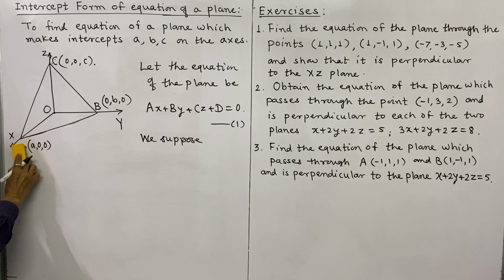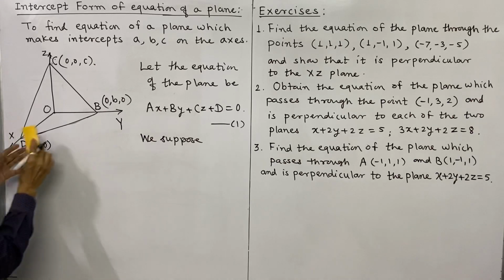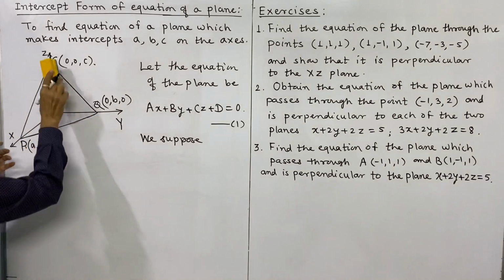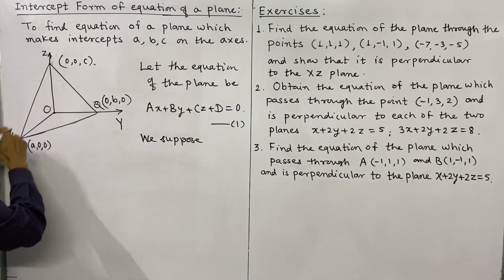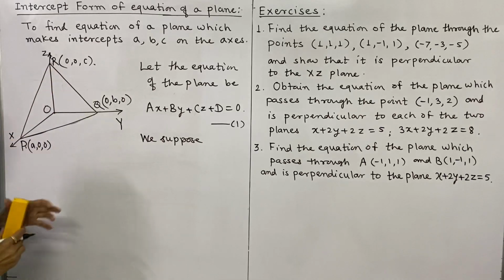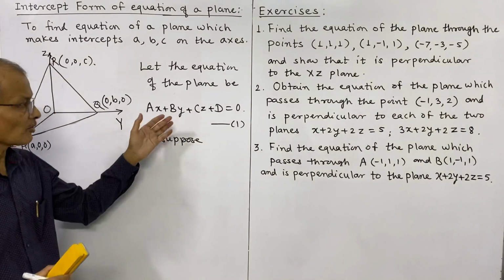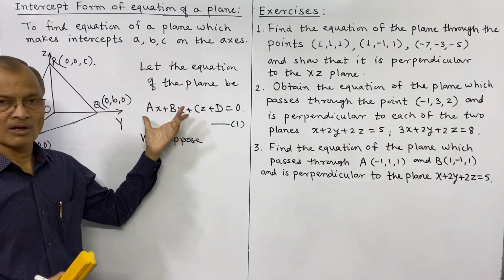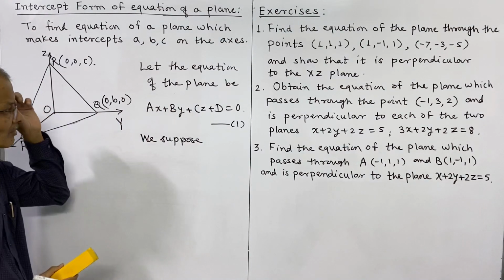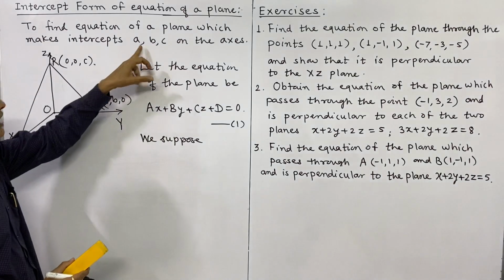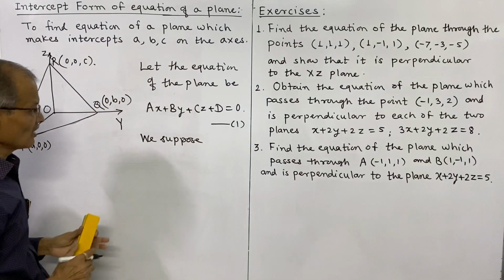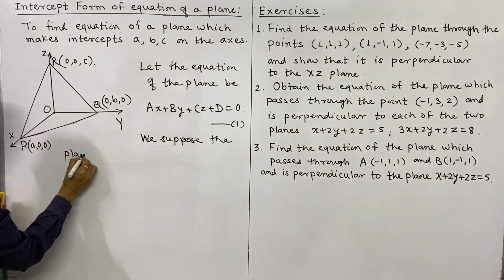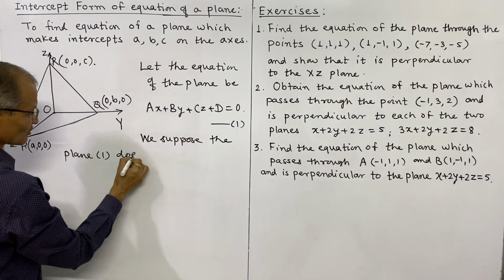We may consider the intercept points as P, Q, R. The coefficients of x, y, z are denoted by capital letters because small a, b, c are used for intercepts. So we suppose the plane, call it plane 1, does not pass through the origin.